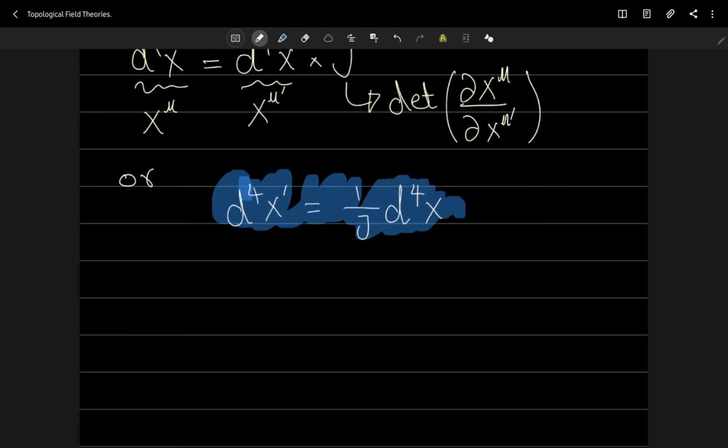Okay, so if you look at this, it means that something as simple as, say, volume is not coordinate invariant, right?